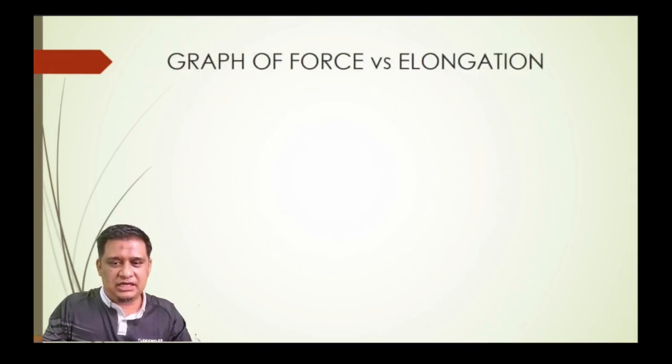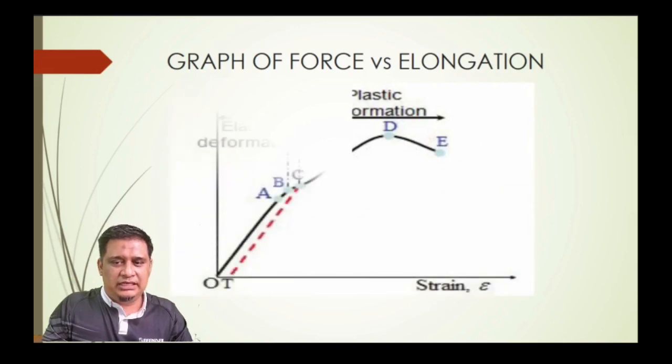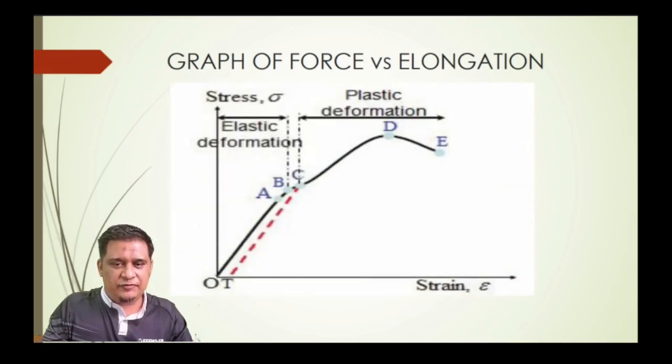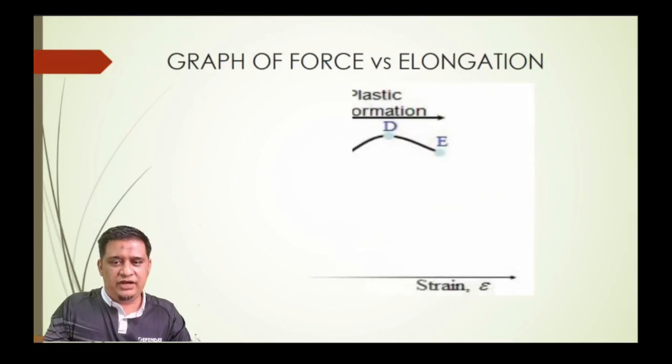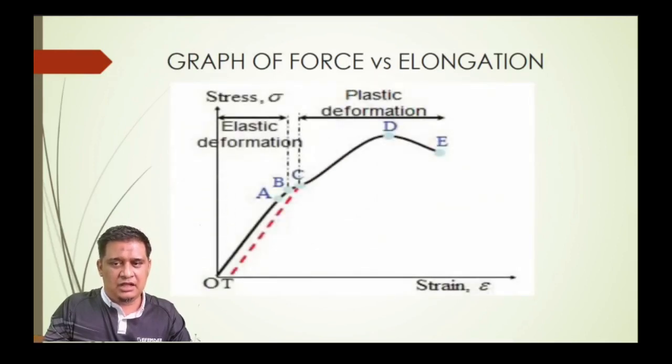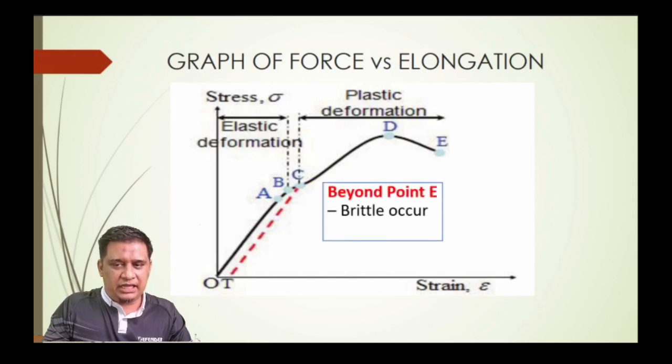From the first graph, when the elongation is in the plastic deformation region from point C until point E, we call it ductile. Referring to the second graph, when the elongation goes beyond the breaking point, or point E, we call it brittle.